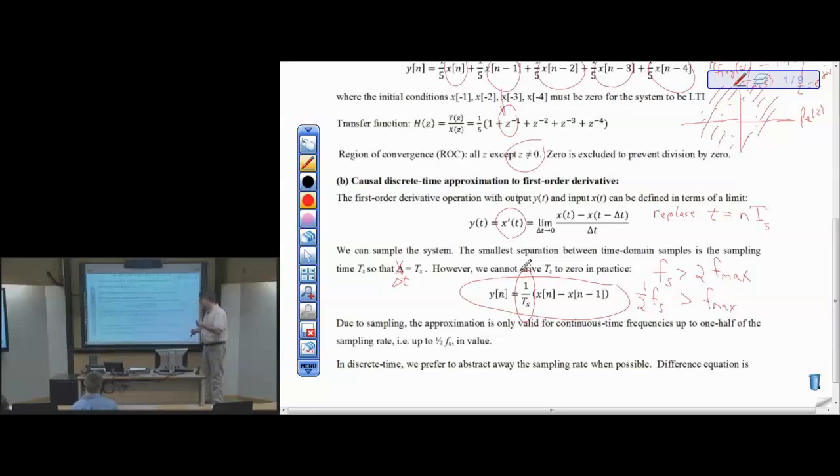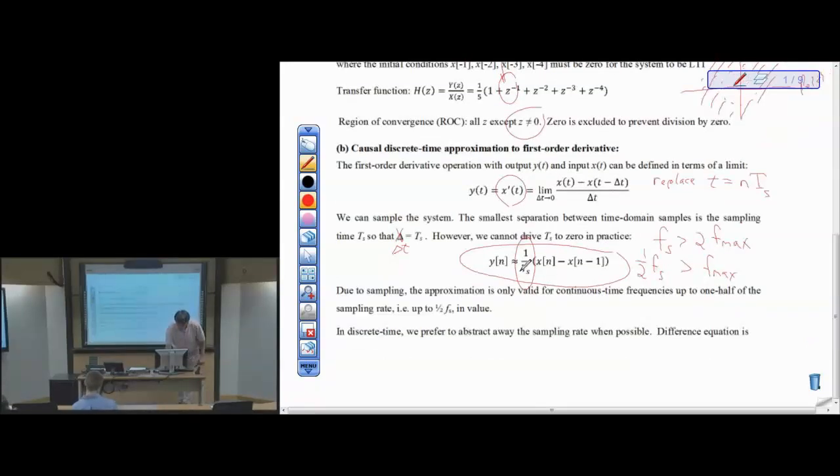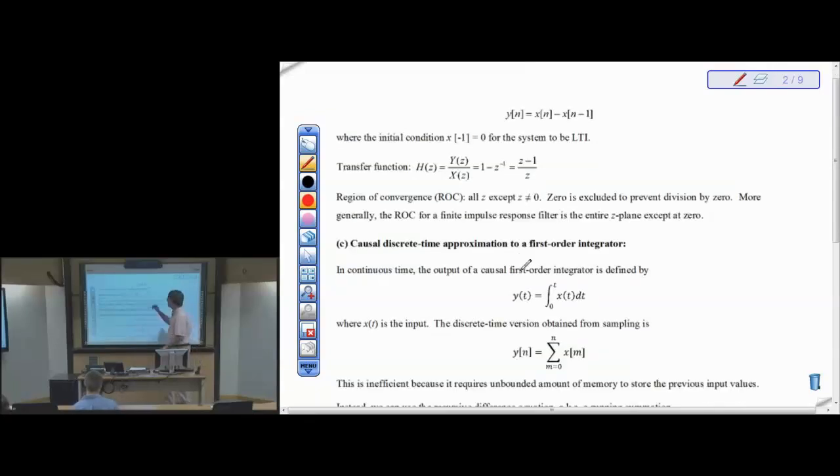More generally, as I said earlier, we're going to play with the gain as we need to, and we'll just worry about it when we finally convert to continuous time through a digital-to-analog converter. So we can actually ignore this gain term, and then finally, this is our very simple first-order difference.